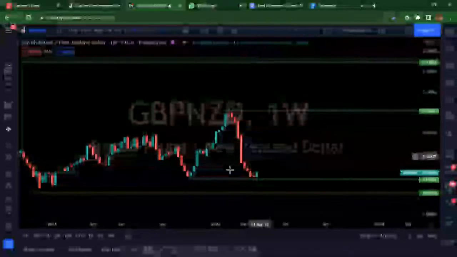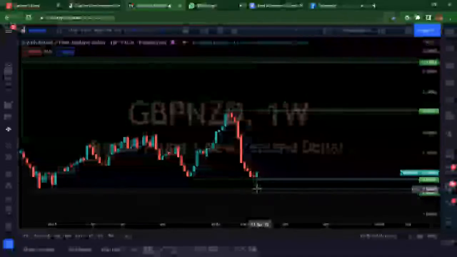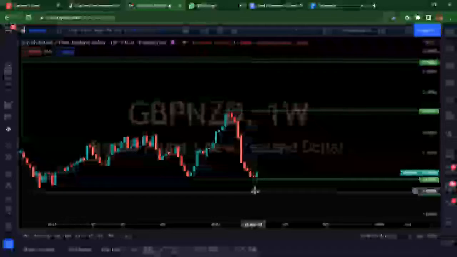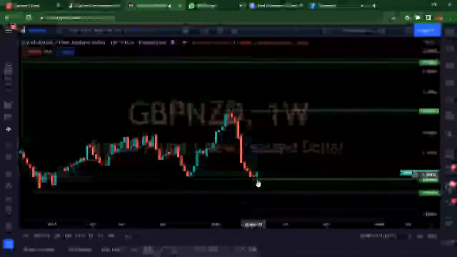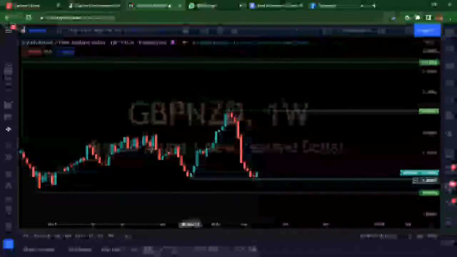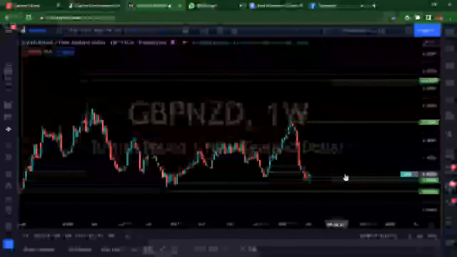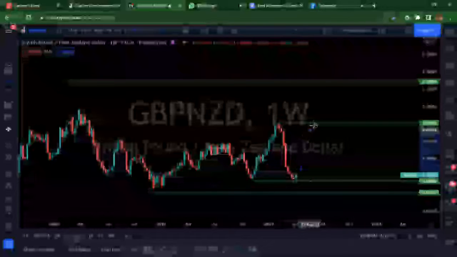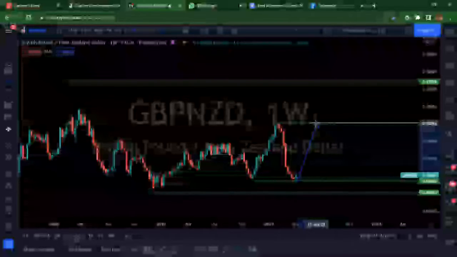So right here in this case, we find this hammer or pin bar in our area of demand. So we are expecting a reversal, and maybe it will reverse to our area of supply.